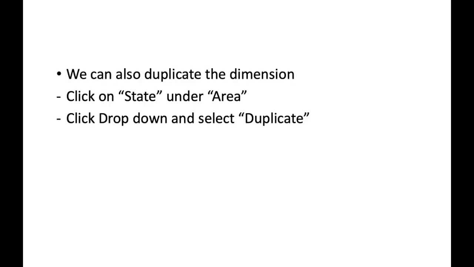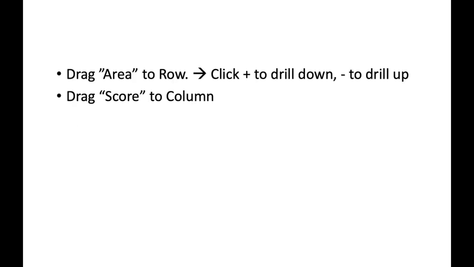We can also duplicate the dimension: click on state under area, click the drop-down and select duplicate. And then drag area to row, click plus to drill down, click minus to drill up, drag score to column.